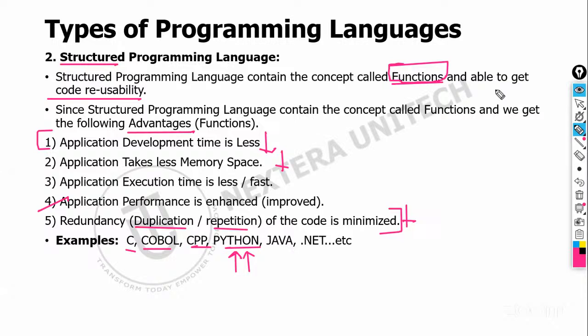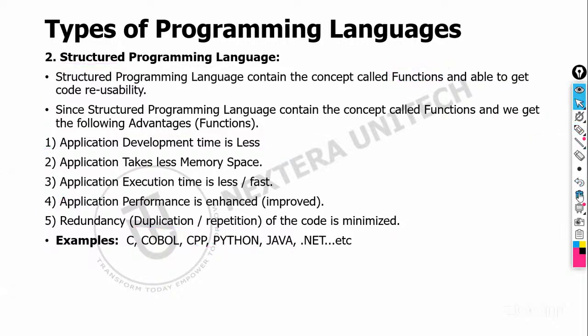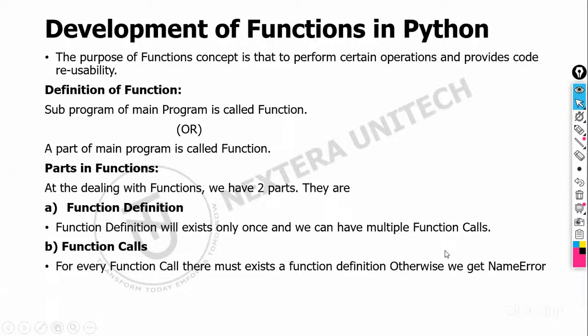So now let us understand what exactly is a function. What is a function? What is the purpose of using a function in the program? When it comes to functions, the purpose of using the concept of functions is that they help us to perform certain operations.